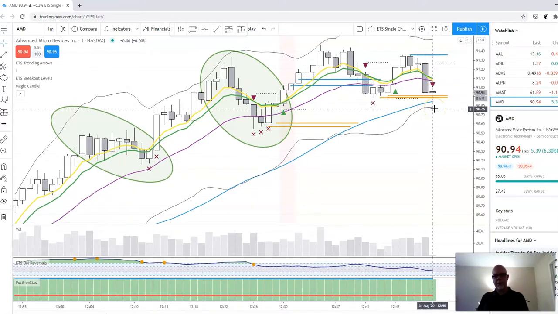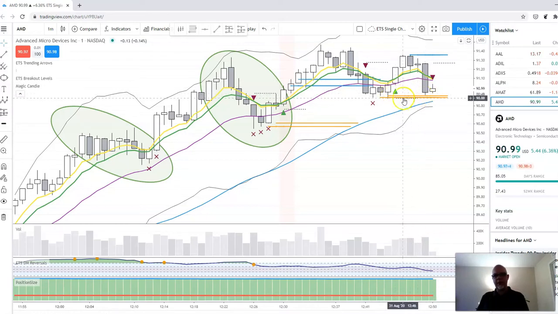Right, we've just seen a new trending arrow form. So we now have a breakout level, potentially getting moved down, as well as a trending arrow telling us that we might be heading down.